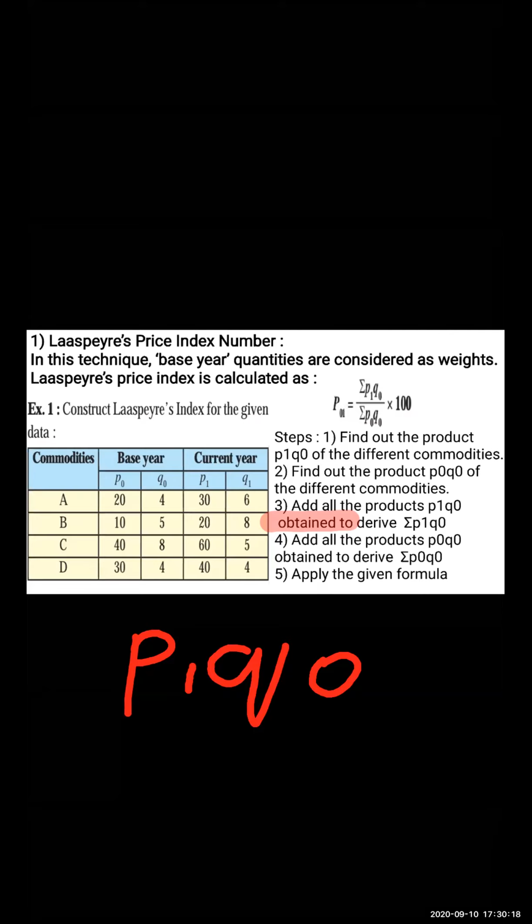Okay. Are you all with me? Now multiply Q0 column and P1 column. Okay, Jigna, I'll repeat myself again. After this particular column, put the heading P1.